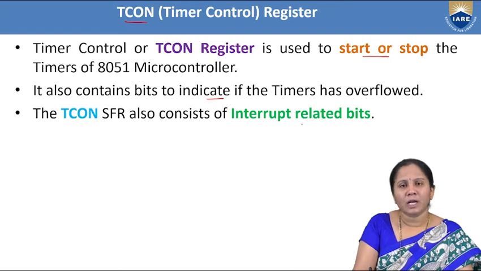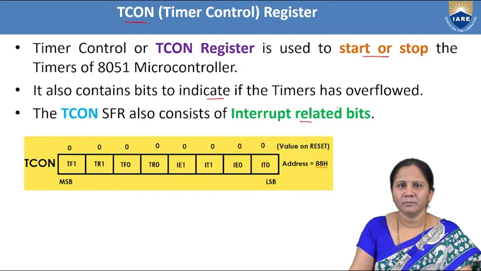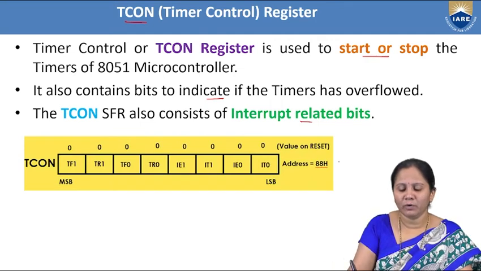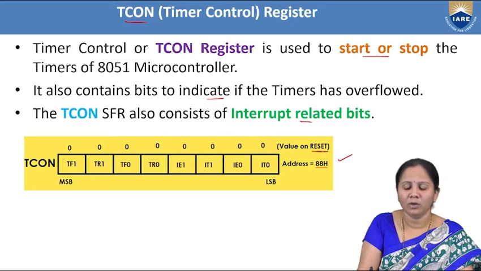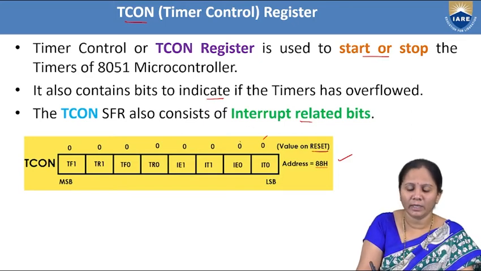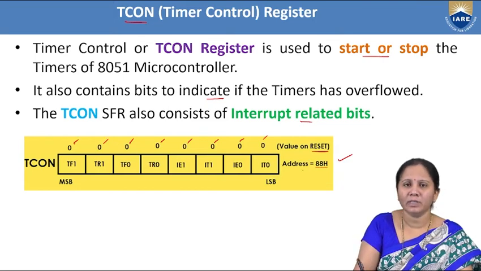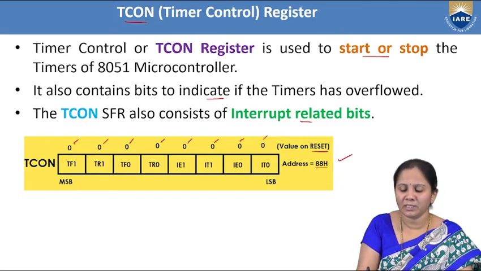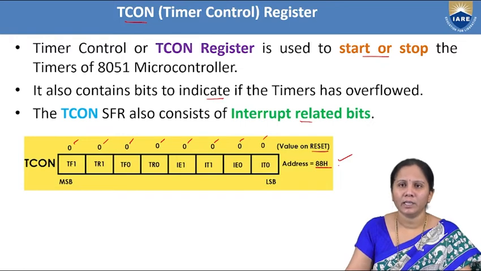TCON also consists of some interrupt related bits. This is the general format of the TCON register. When this register is reset, all the bits hold the value 0, and it has a fixed address in the SFR address space, that is 88H.